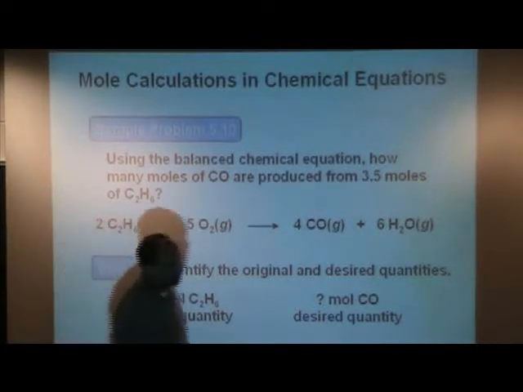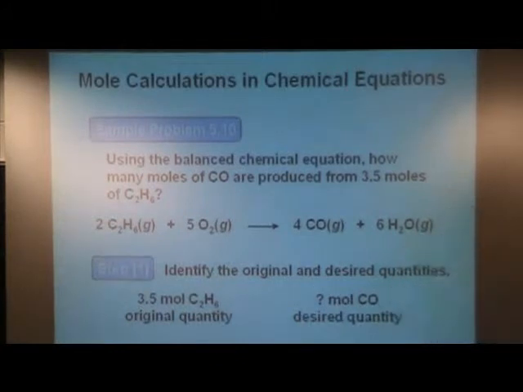Just the same way. Every 2 moles of C2H6 provides me 4 moles of carbon monoxide. If I have 3.5 moles of C2H6, how many moles do I get? X. So X would be 3.5 times 4 divided by 2, which gives me what?